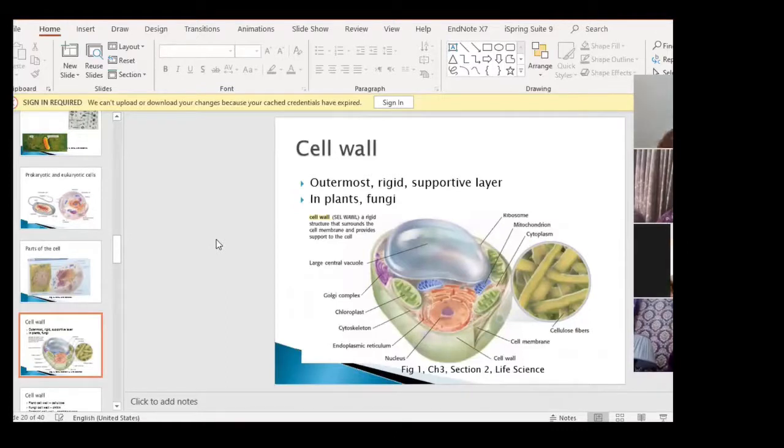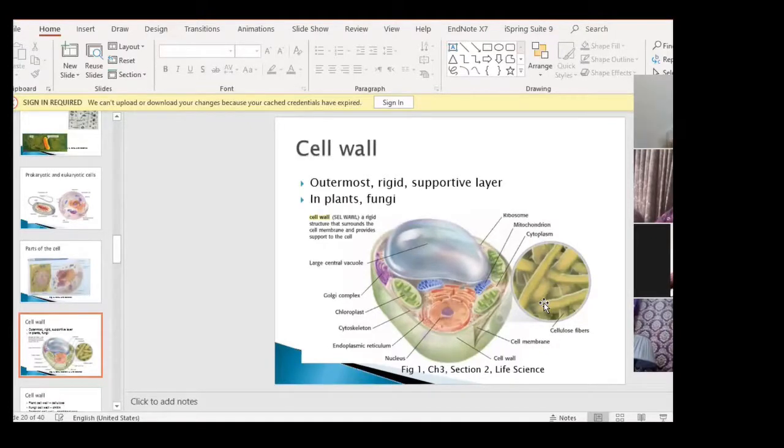So if this is enough, why do the plants need to have an additional wall around them, which is the cell wall? Remember, the plants have a different type of life as compared to the animals, particularly in terms of getting their nutrition.